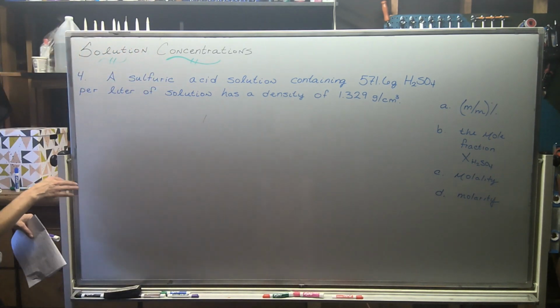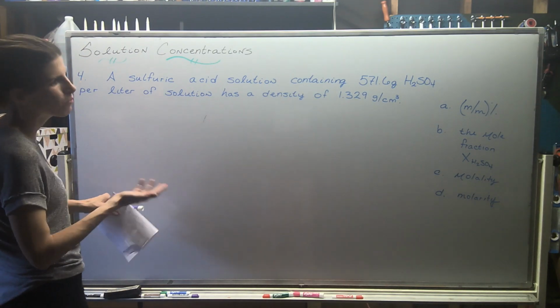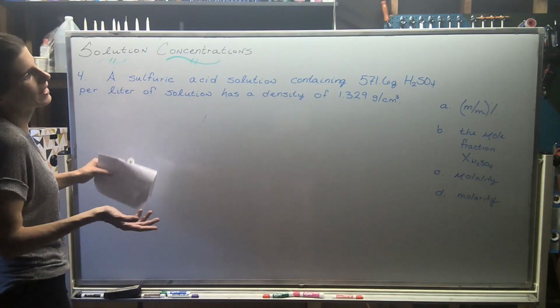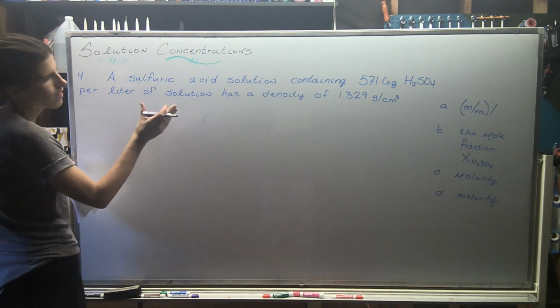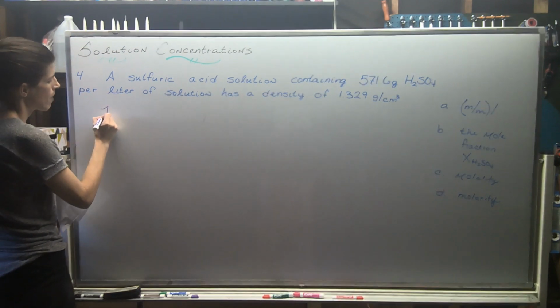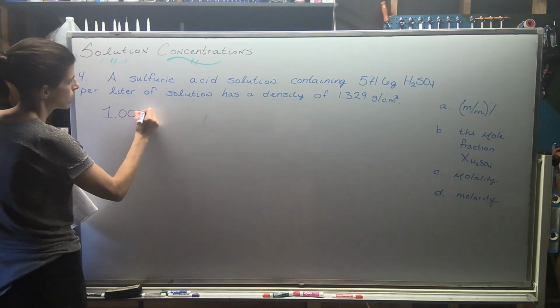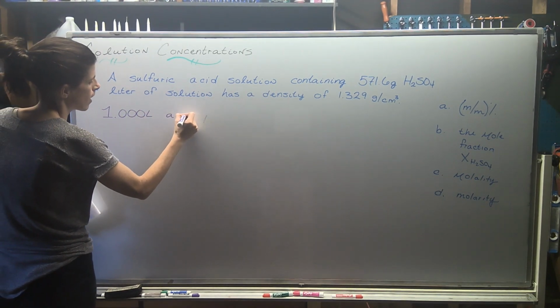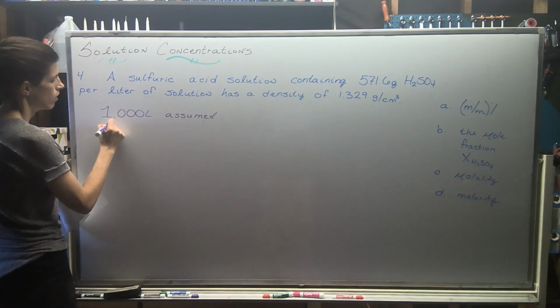So because of this, in these problems where they're a little bit more vague, where they don't tell me how much I have, well, I can assume any amount that I want. Here, since it's 571.6 grams per liter, I'm going to make the math easy on myself, and I'm going to assume that I have exactly 1 liter of the solution.